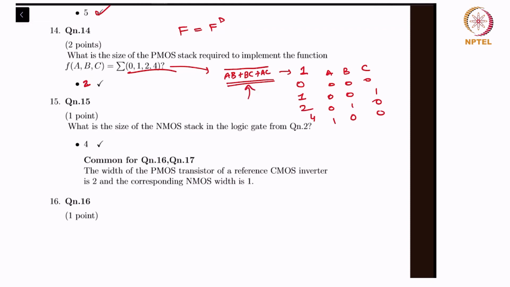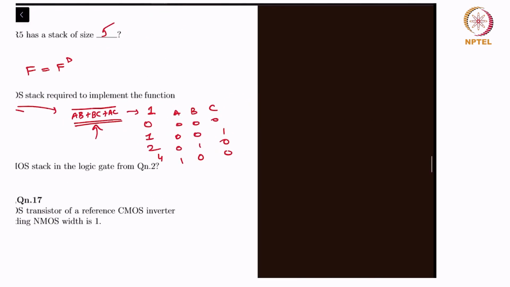Quite clearly over here, the NMOS side of the network requires only a 2 stack to implement this, because this will simply be AB plus BC plus AC, right? This is the N stack. That's AB plus BC plus CA, right?